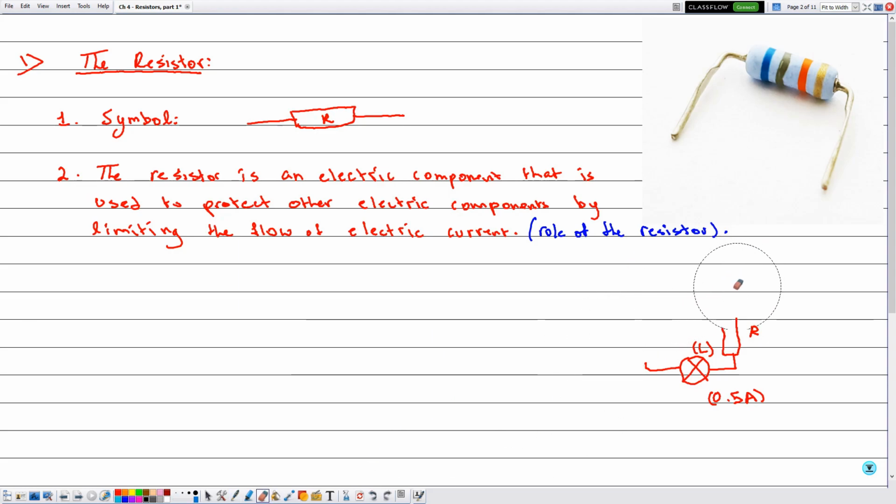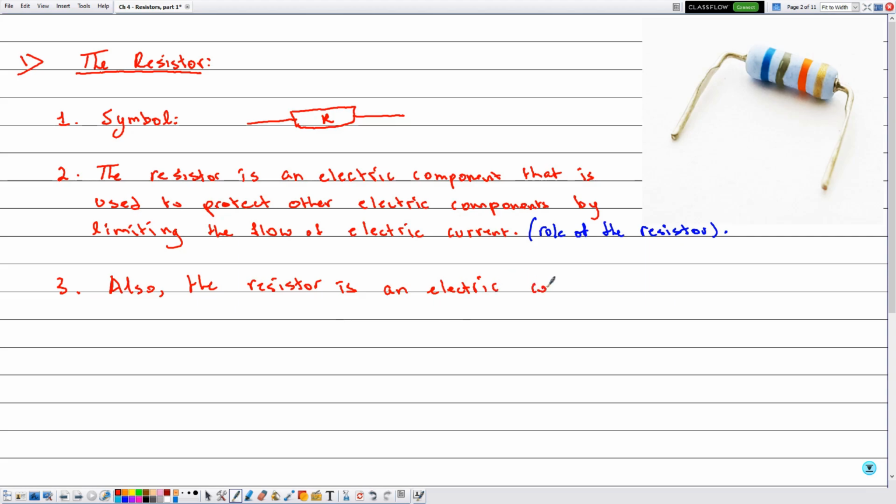Not only this, but also the resistor is an electric component that transforms electric energy into thermal energy.